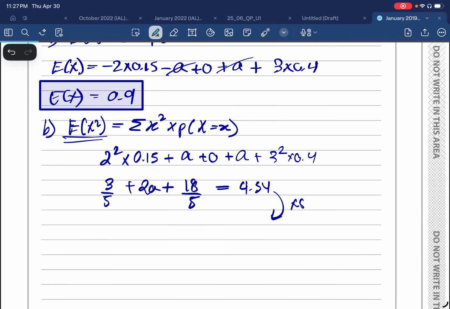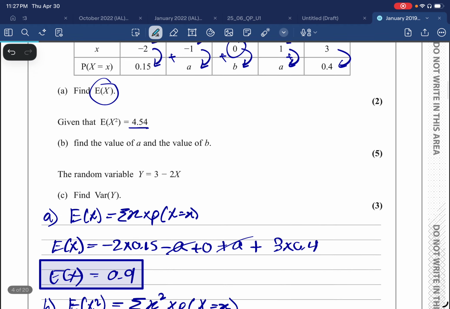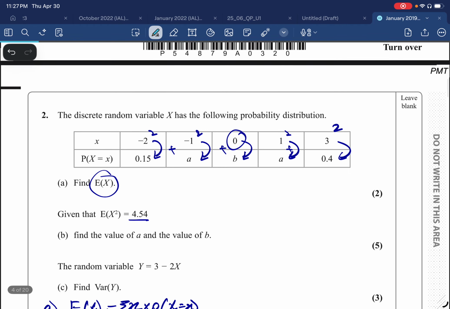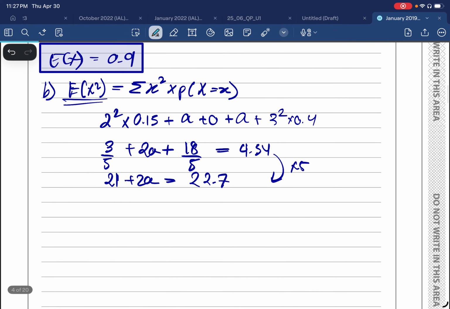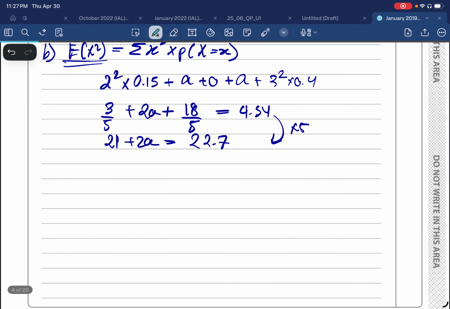Multiply both sides by 5. What did they ask us to do? They said find the value of a and b. Okay, they asked to find the value of a.